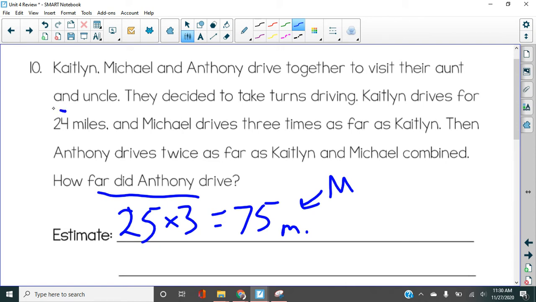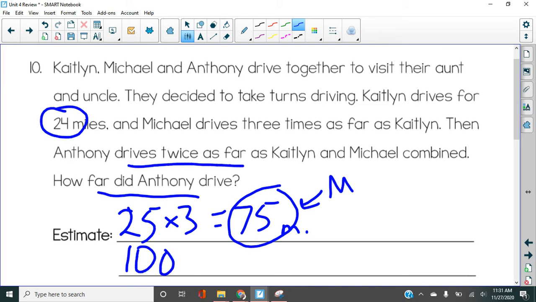Then Anthony drives twice as far as Caitlin and Michael combined. So if Caitlin drove 24 miles and Michael drove about 75, that's about 100. And Anthony drove twice, right? Times 2.